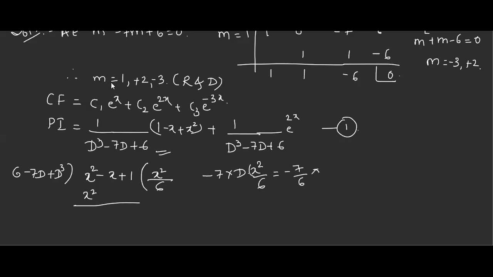What is the derivative of x square? 2x. So what is the simplification? 2 ones are 2, 2 threes are 6. Tell me the term. What is remaining? Minus 7x by 3. This should be written below the x term, isn't it?